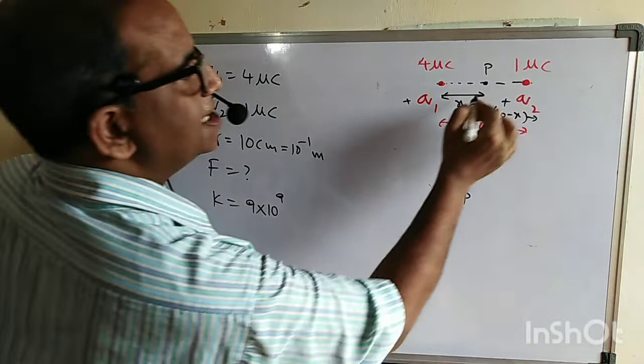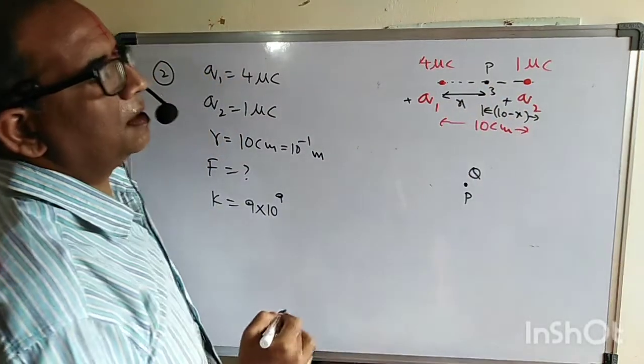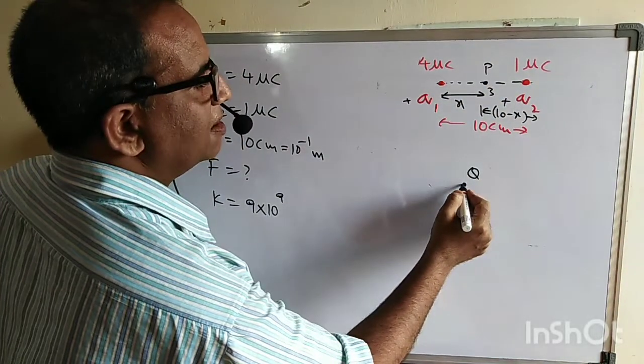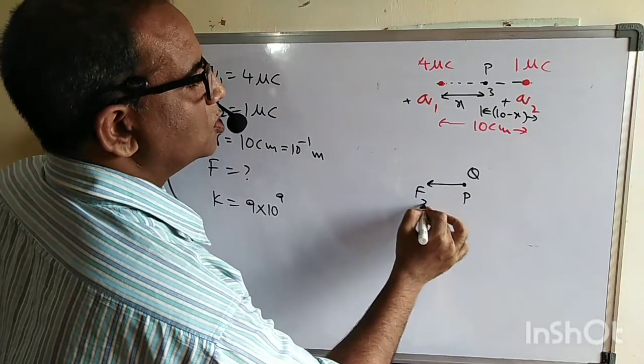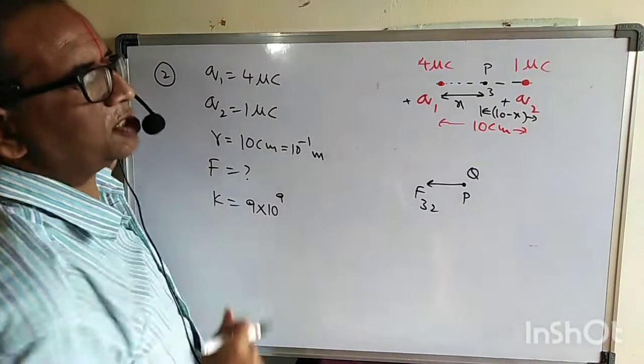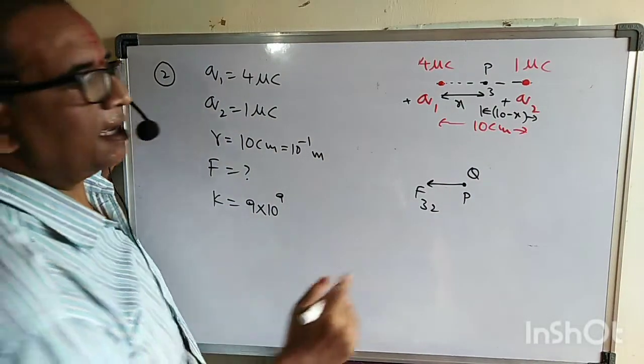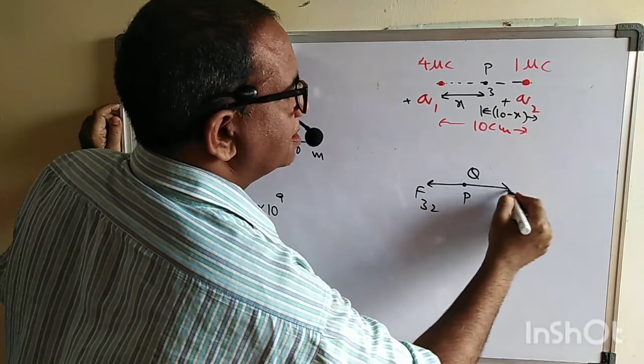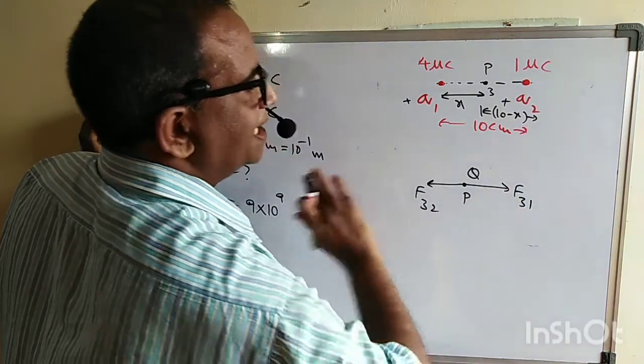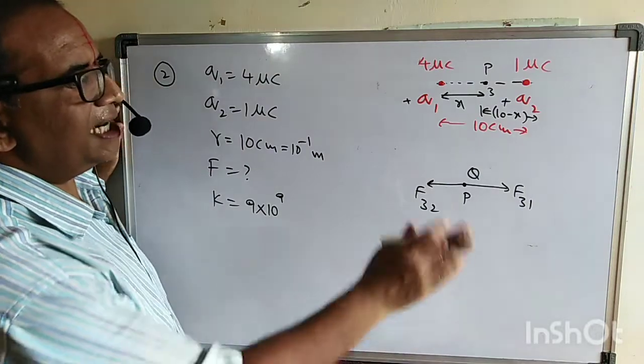Let us say this one is 3. See here, the force acting on 3 due to 2 will be acting in this direction, and the force acting on 3 due to 1 is acting in this direction. Now let us equate both.